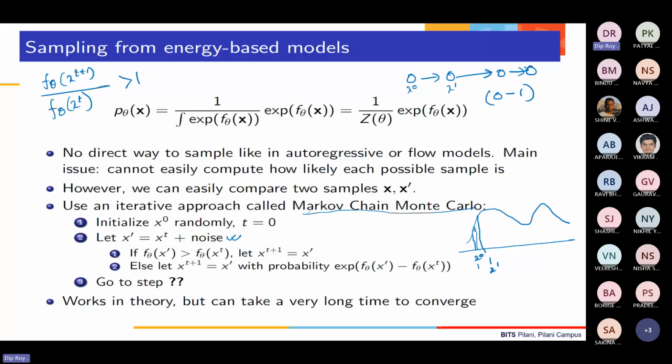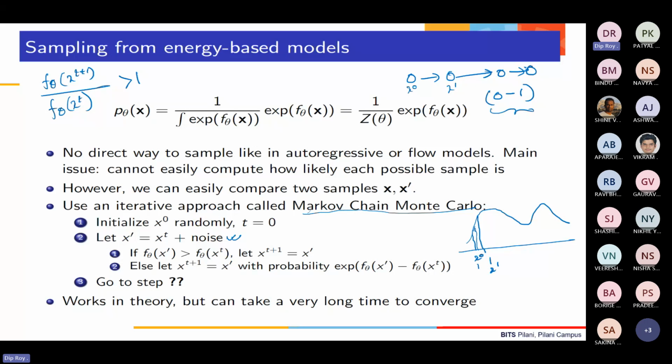But if your next state is worse than the current state, then this will be less than 1. When it is less than 1, we should ideally not move forward. Okay, we should keep the current state. But instead, to introduce some stochasticity, or randomness, what we do is we generate any random number from 0 to 1.